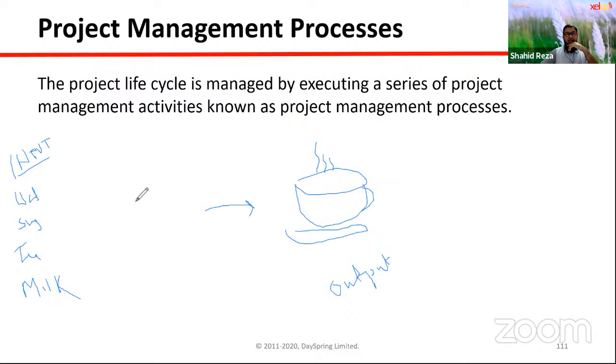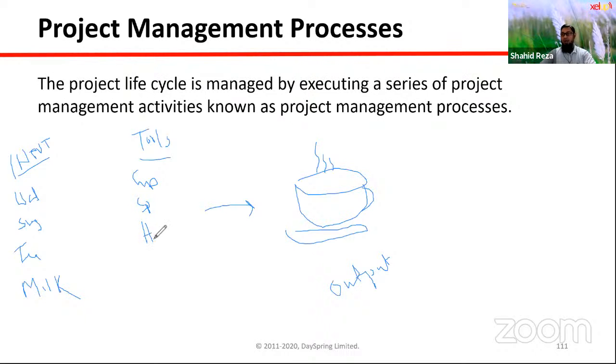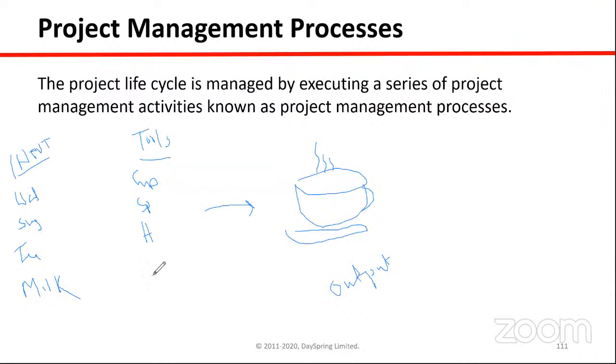Now we also need some tools, otherwise we cannot make a cup of tea. So what are the tools we need? Say cup is a tool. Spoon is a tool. Spoon, heater, cup. Water heater or fire. Then kettle.